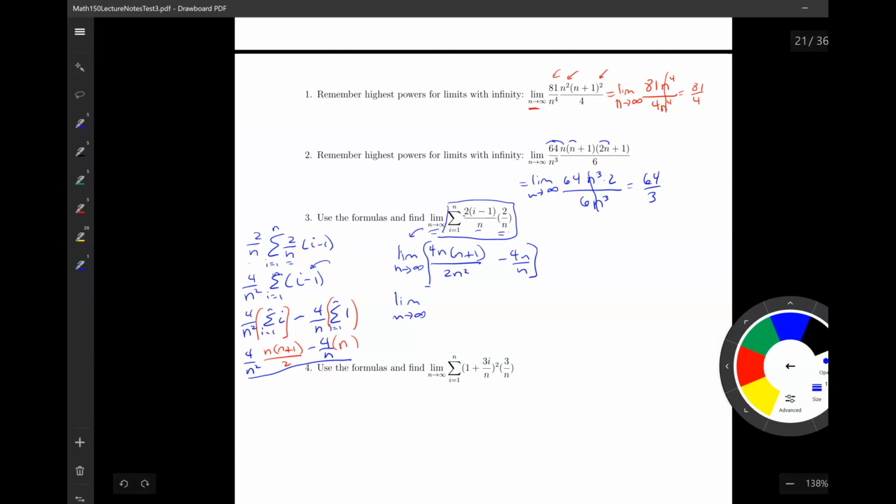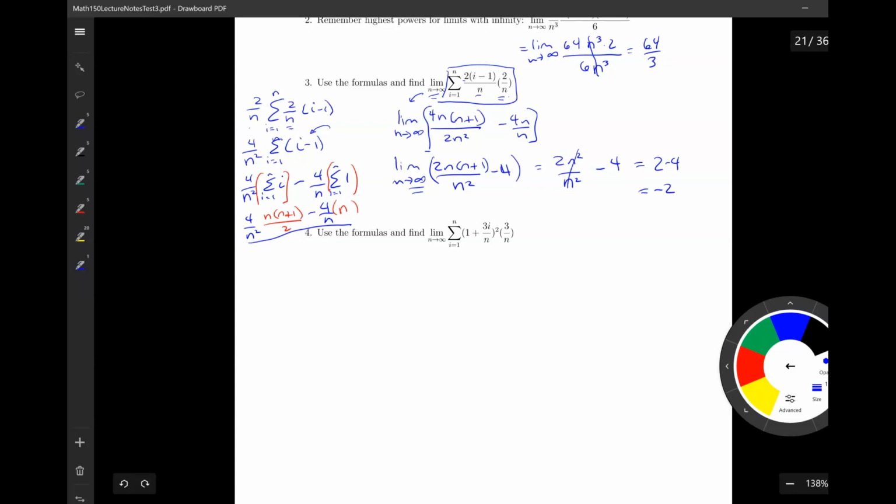I've got a 2 canceling here, right? So 2n, n plus 1 over n squared, and then minus, the n's cancel, so I'd get a minus 4. All right, so now taking highest powers, because I can, because I've got limits with infinity, I get 2n squared over n squared minus 4. The n squareds cancel, so I get 2 minus 4, or negative 2.